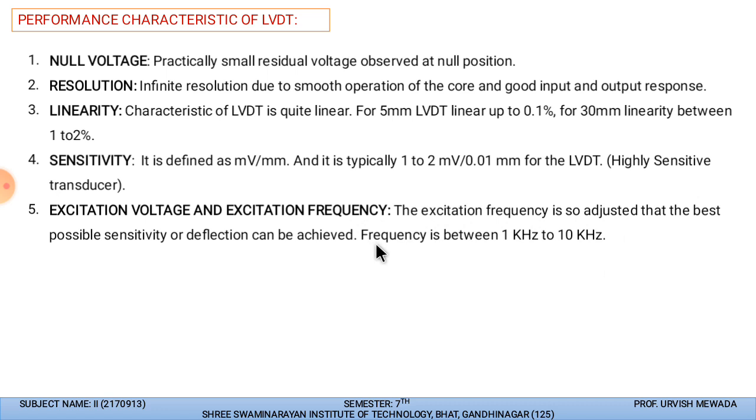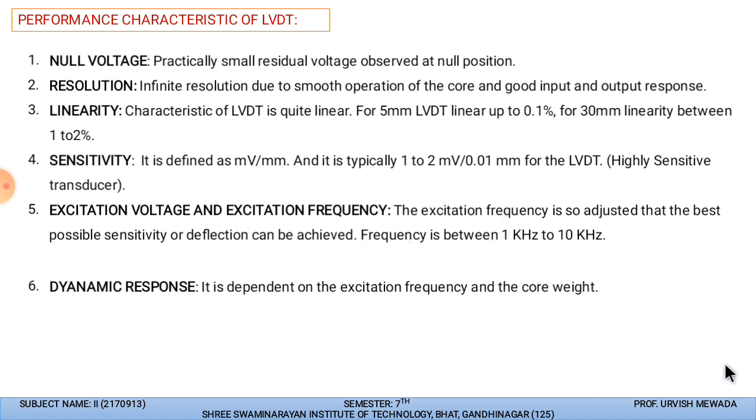The maximum excitation voltage generally is limited by the maximum primary current which can be allowed to flow. So the excitation frequency should be precisely adjusted to a frequency where the best possible sensitivity of the detection can be obtained. So this is how we can adjust the sensitivity of the LVDT.